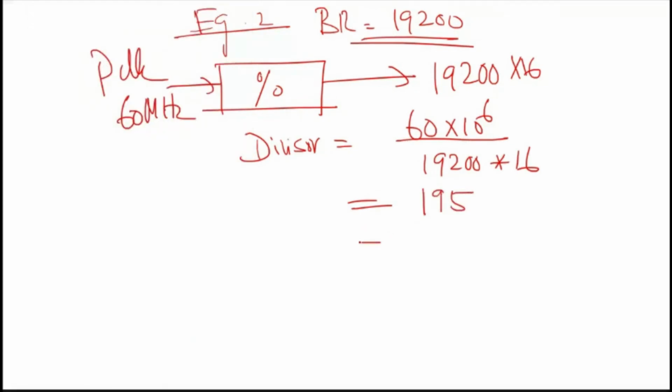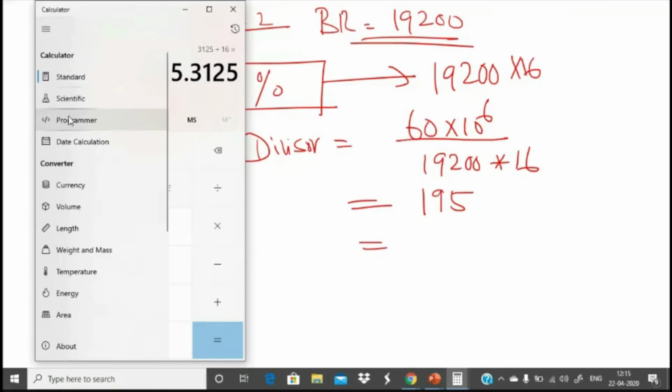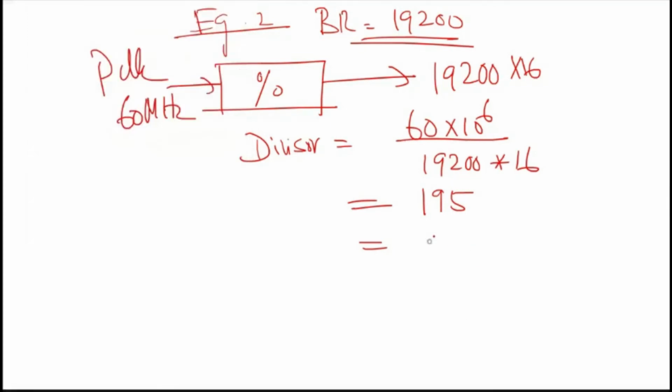So you convert this into hexadecimal. 195 in decimal is C3 in hexadecimal. So 00 hexadecimal and 00 C3.